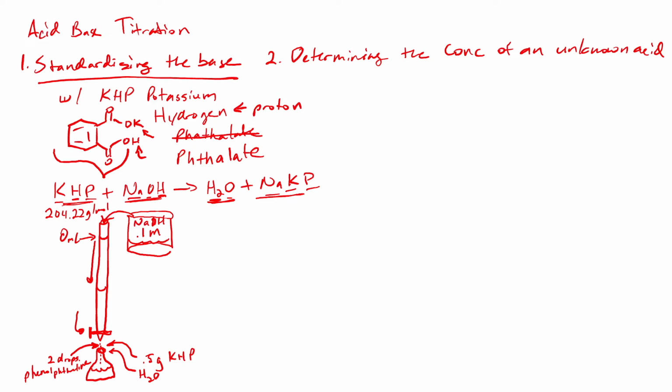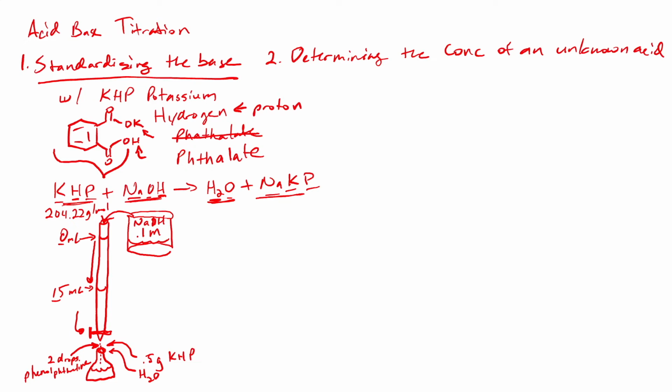So let's say it went down to 15 mils, right? So what that means is that since you started at 0 mils and ended at 15 mils, it took 15 milliliters of sodium hydroxide to get the KHP to turn pink.